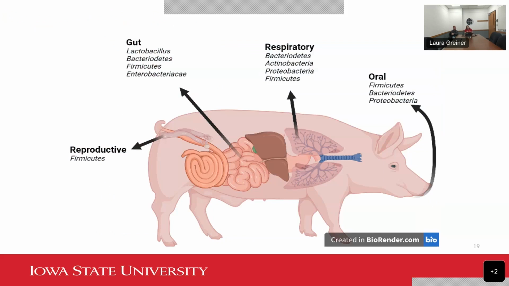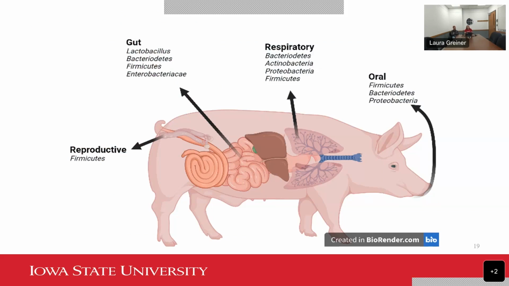When we start thinking about the microbiome within the animal, as I mentioned, there are different parts of the animal and they have different microbiomes. Within those microbiomes, there are different communities. And this slide really just demonstrates what some of the more prominent organisms are within those different communities, if you will. So in the mouth of the animal, we see more Firmicutes and Bacteroides and Proteobacter.